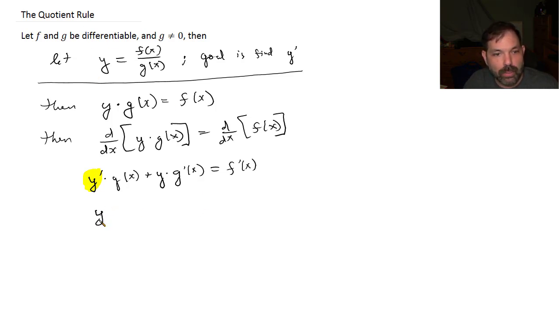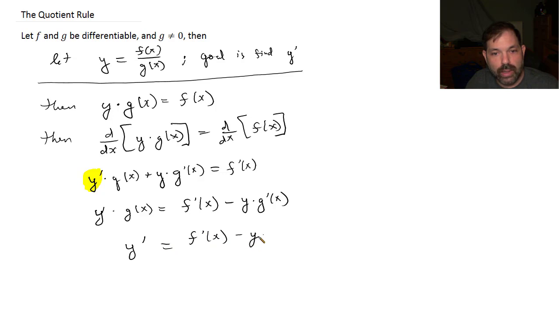So I've got y prime times g of x is equal to f prime of x minus y times g prime of x. I subtracted the y times g prime of x from both sides of the equation. And now let's divide by g of x. So then y prime is equal to f prime of x minus y times g prime of x, over g of x.